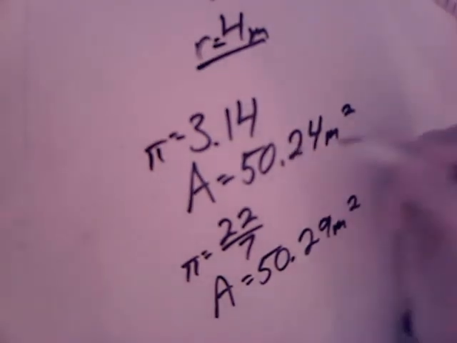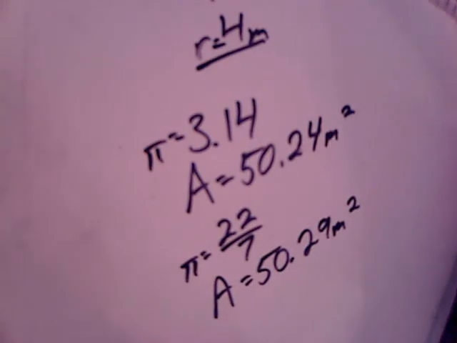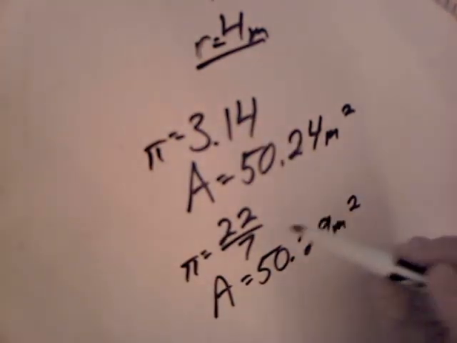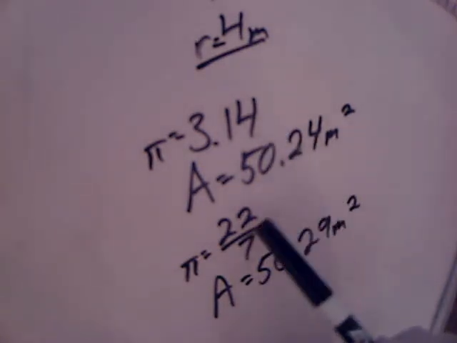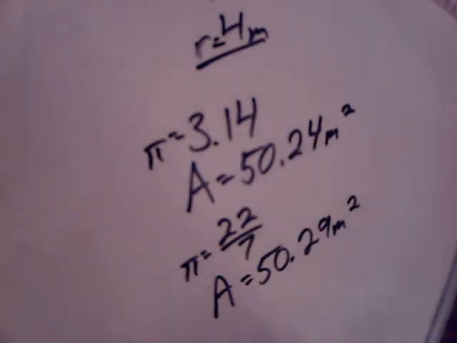You will get slightly different answers if you use the decimal or the fraction version of pi. They will be close, but they will not be exactly the same. That's because 22/7 is an approximate version of pi, just like 3.14 is an approximate version of pi. Pi never ever ends, so mathematicians pick close enough numbers to make it easy to work with, and that will still get you very close to the correct answer.